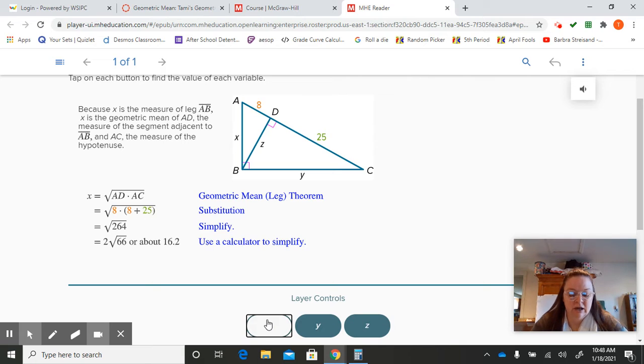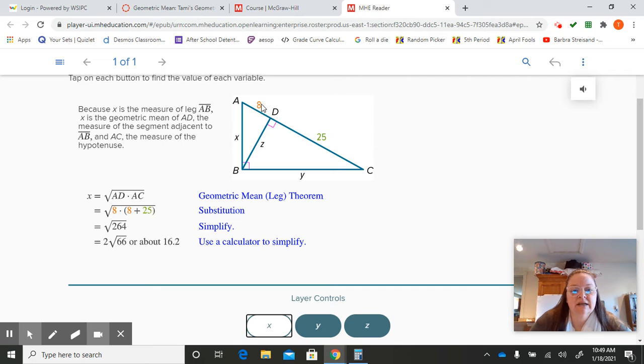So when we're looking at that, we're going to be setting up the geometric mean using the leg theorem, because X is the measure of the leg AB. X is the geometric mean of AD, this is the little leg here, the measure of the segment adjacent to AB, and AC, the measure of the hypotenuse, right?